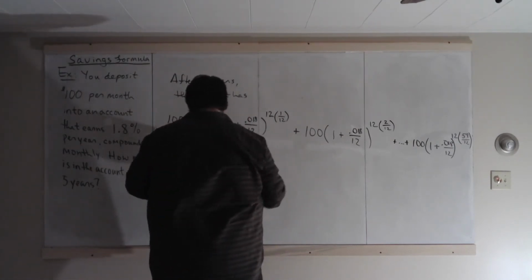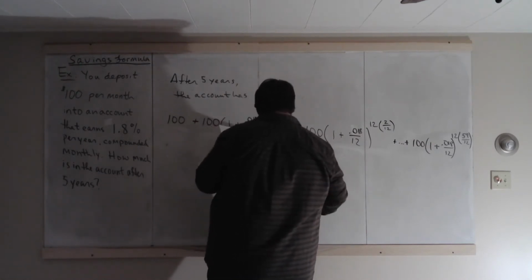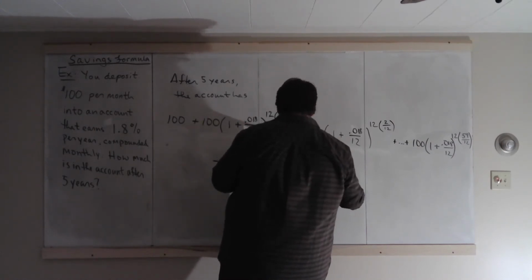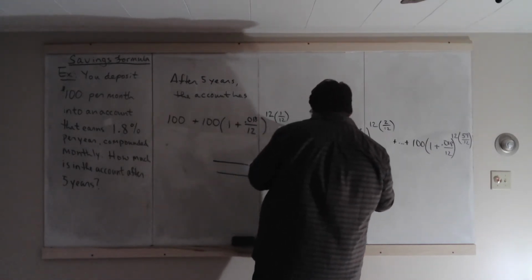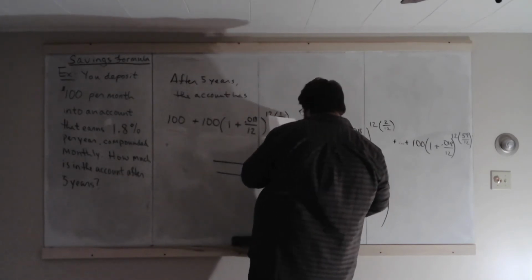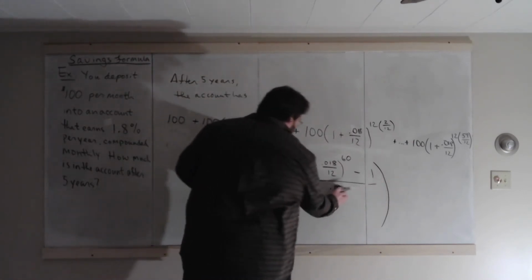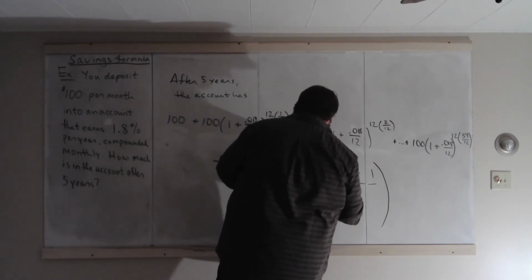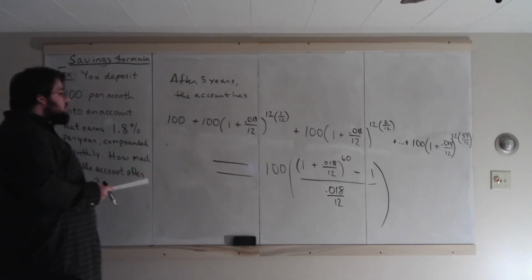Equals what? 100 times 1 plus 0.018 over 12, all to the 60, minus 1, and all of this goes over 0.018 over 12. So that entire sum equals this.